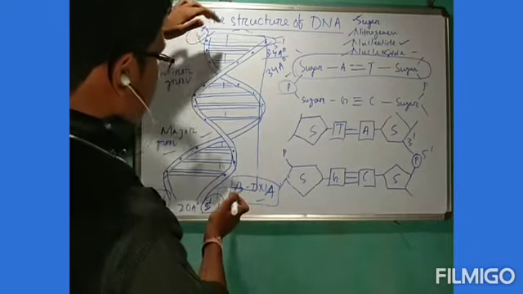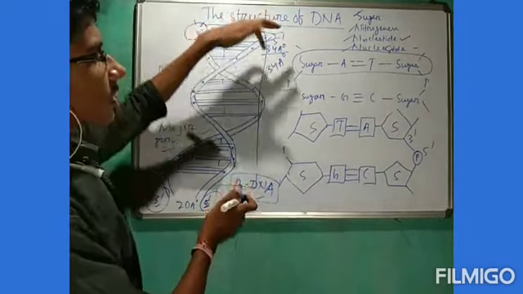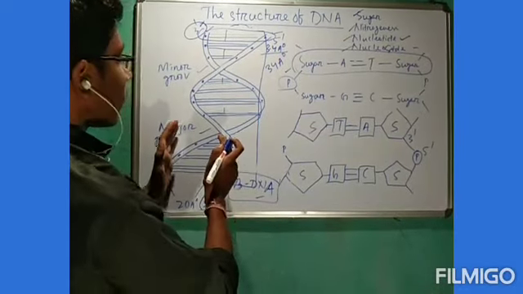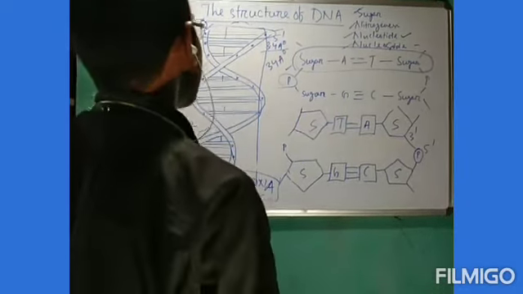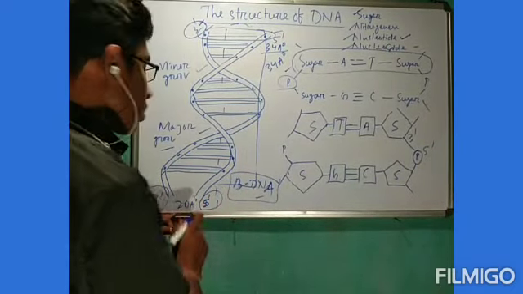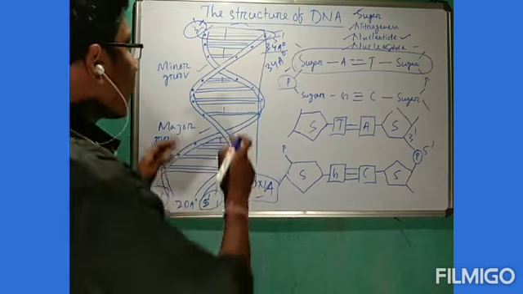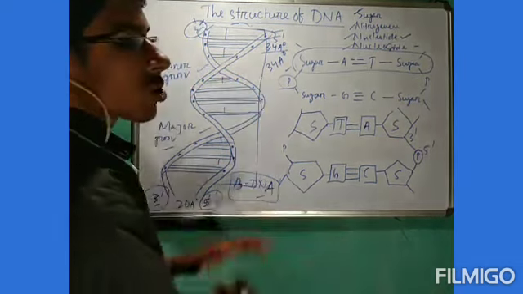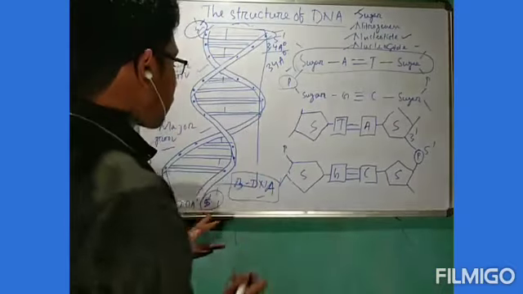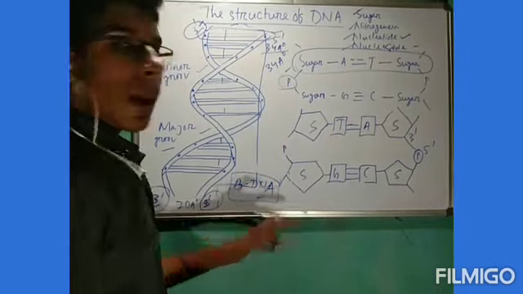In a complete DNA sequence, the length of the complete DNA sequence is 34 angstrom, and the right-handed helical DNA structure has a diameter of 20 angstrom. The right-handed coil structure or right-handed helical coil structure of DNA is otherwise called B-DNA.